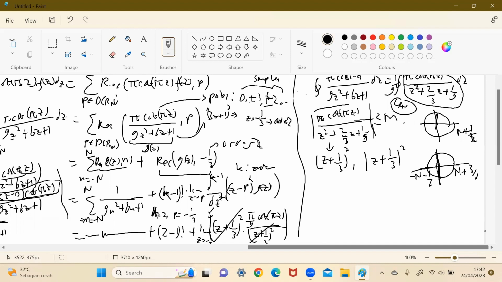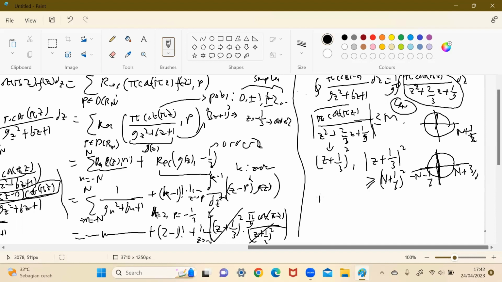And notice that the modulus of z plus 1/3 in this case is going to be greater than n plus 1/6. So we have this inequality, n plus 1/6 squared, which is great.